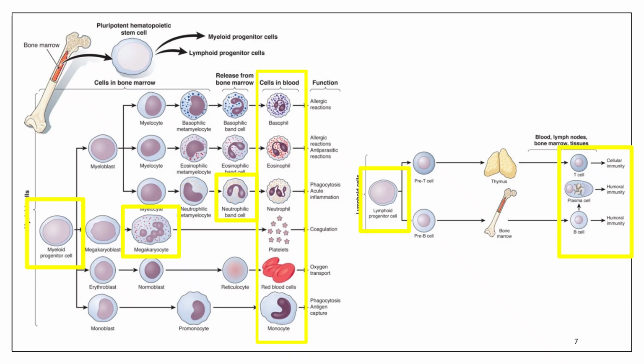From the myeloid line, we get granulocytes, neutrophils, eosinophils, and basophils. These mature through recognizable stages. So myeloblast, myelocyte, metamyelocyte, a band cell, or mature granulocyte. That band cell stage is clinically important. A left shift equals increased bands, which results in acute inflammation or infection.